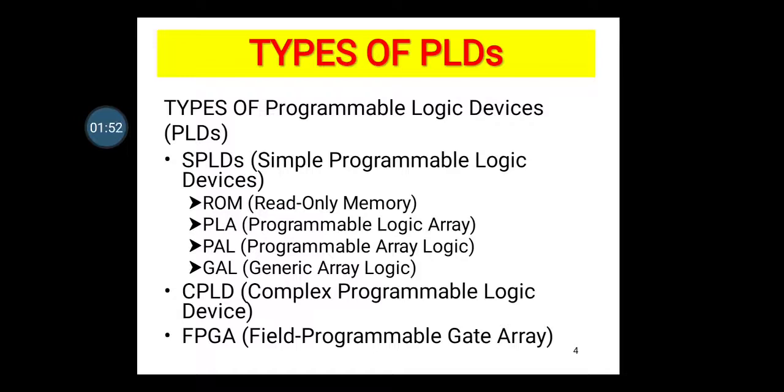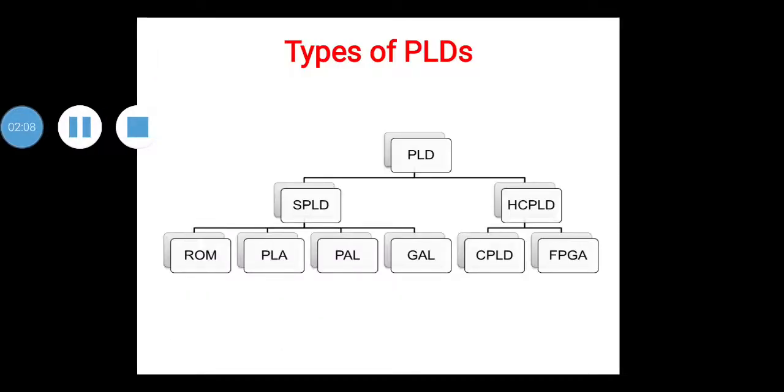The next category is complex programmable logic device, that is CPLD, and next is FPGA, that is field programmable gate array. So these are the different types of PLDs. It has a category of SPLD, and in that SPLD you have ROM, PLA, PAL, GAL, and the next categories are CPLD and FPGA.